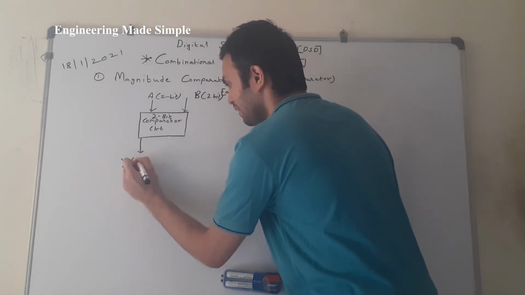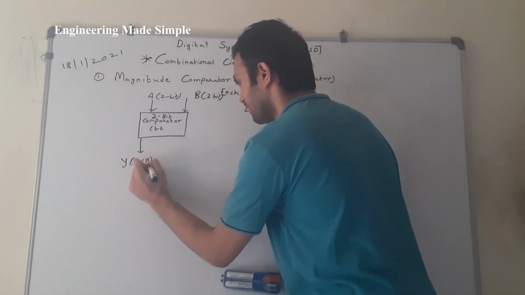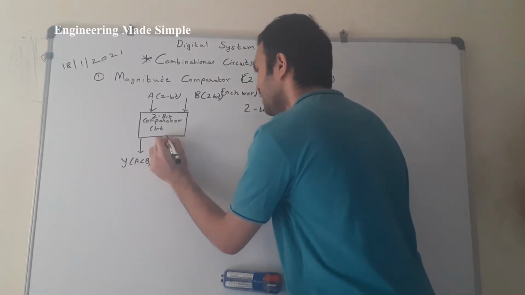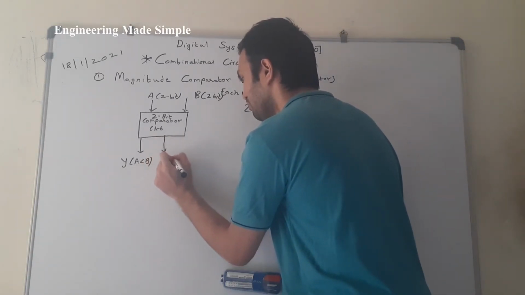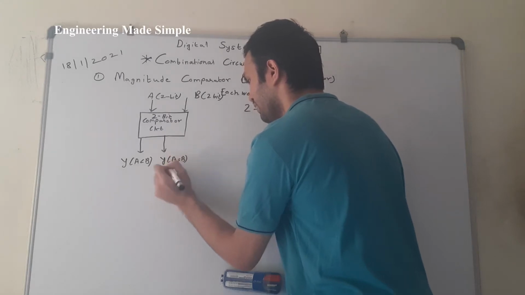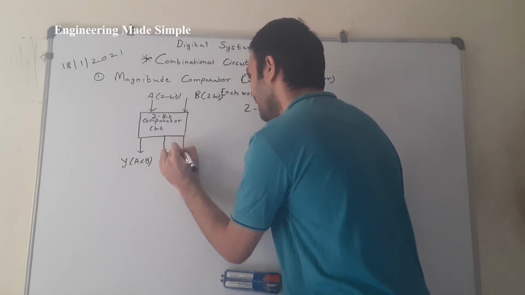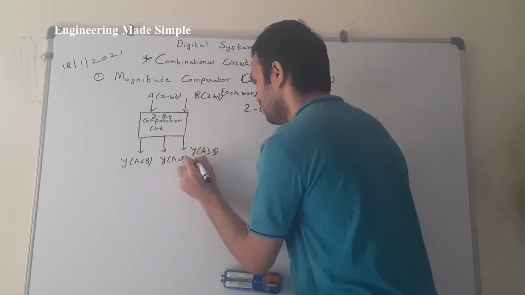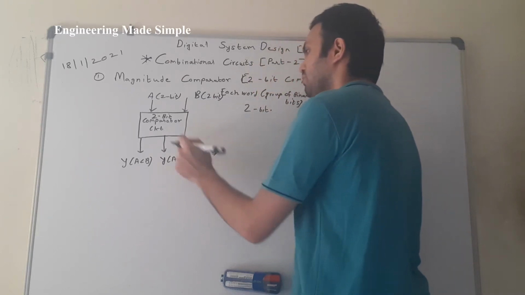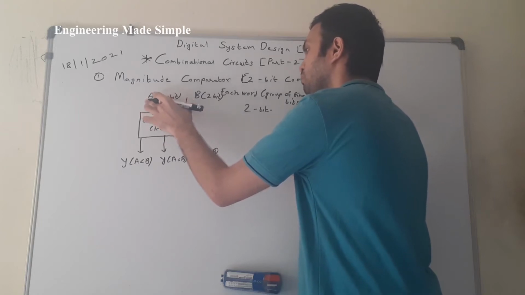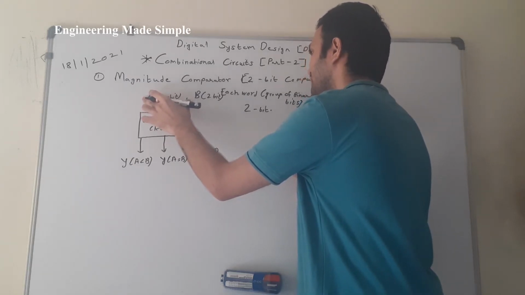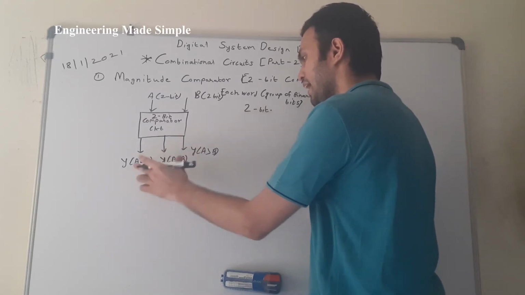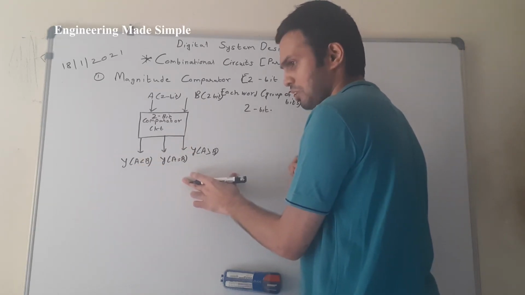Y for A is less than B: if A is less than B, this output will go high. If A is equal to B, then this particular output will go high. And if A is greater than B, then this particular output will go high. As the two input words are 2 bits long in this case, we say that the circuit is a 2-bit comparator circuit, and it generates the three corresponding outputs respectively.